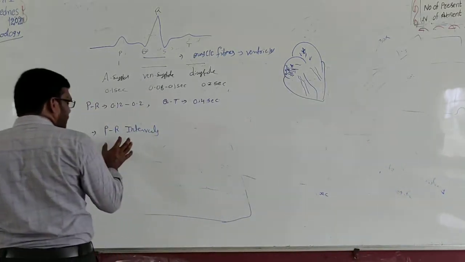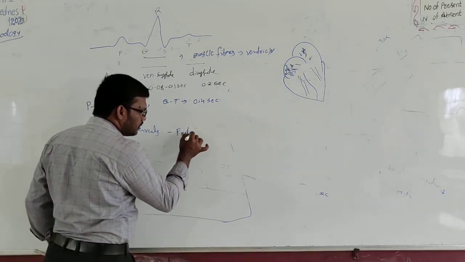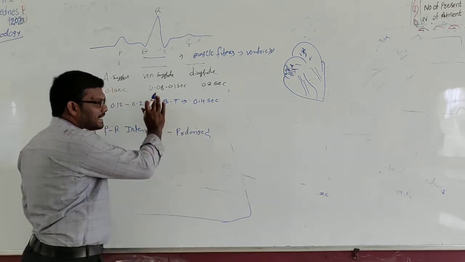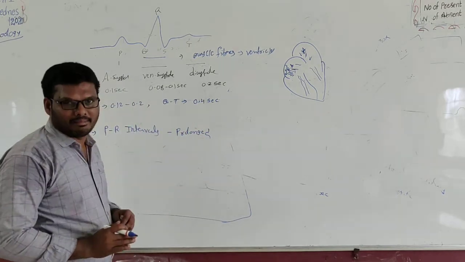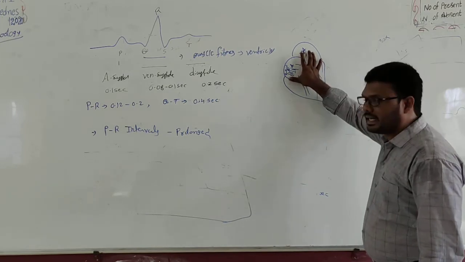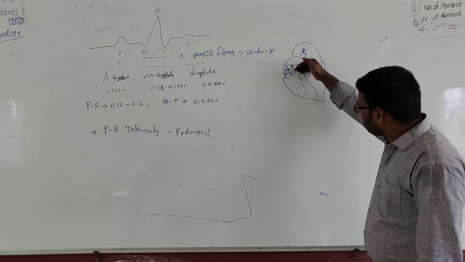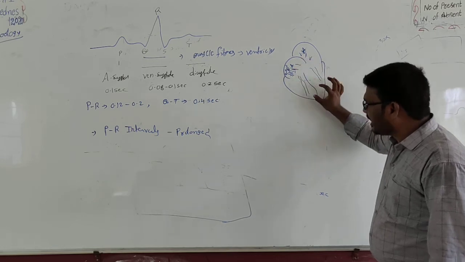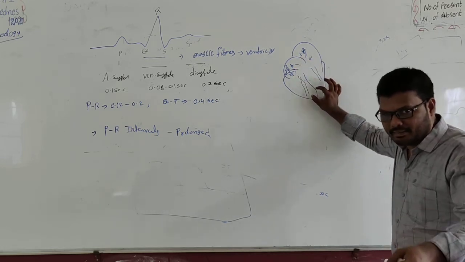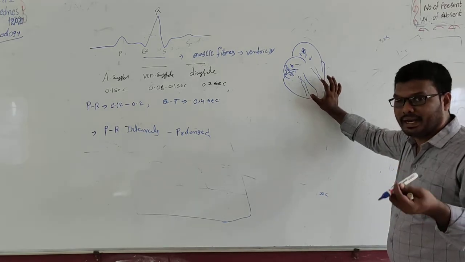Now, what will happen when this PR interval is prolonged? It can take more time. Can I say the atria take more time to contract? At that time, the blood entering into the ventricles takes some time, and the lub and dub sound also takes place later.